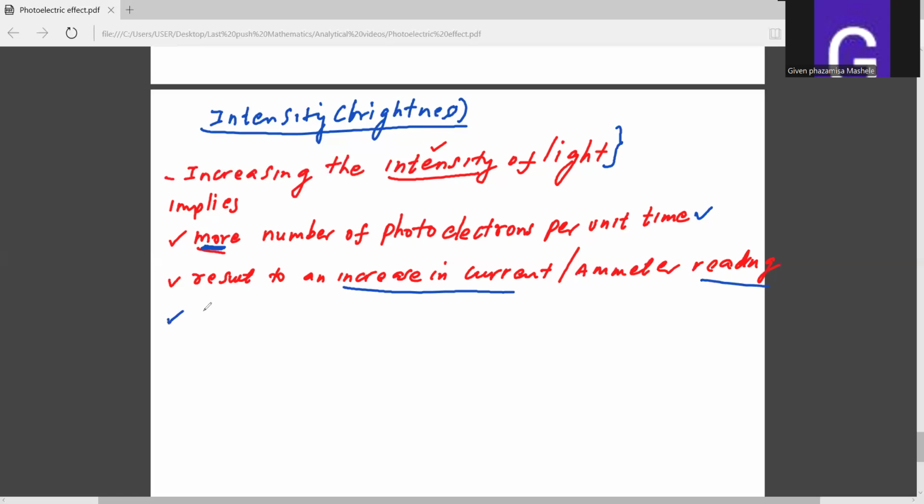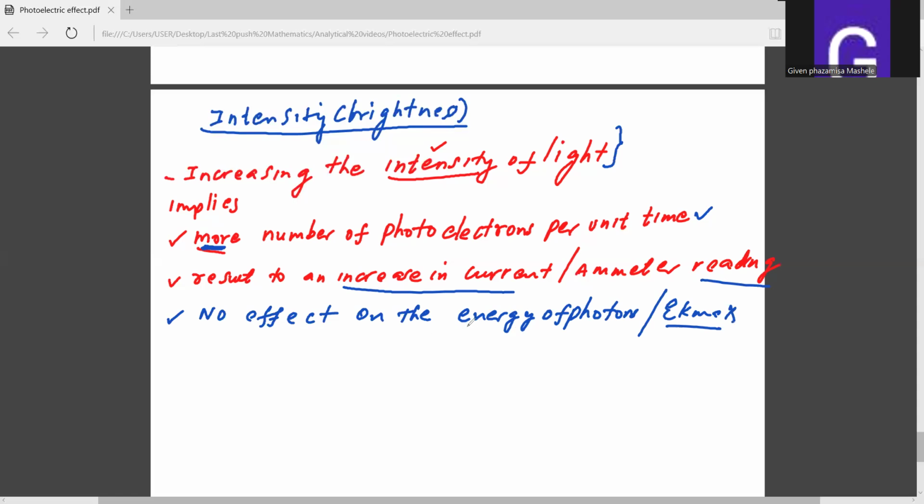And mind you, no effect on the energy of photons, or EK maximum.